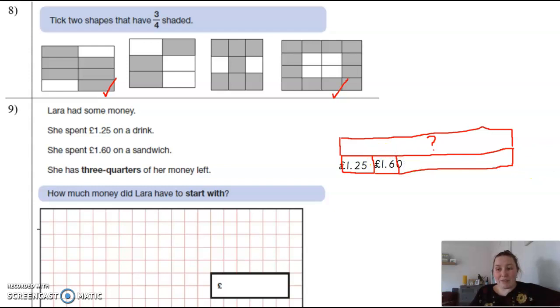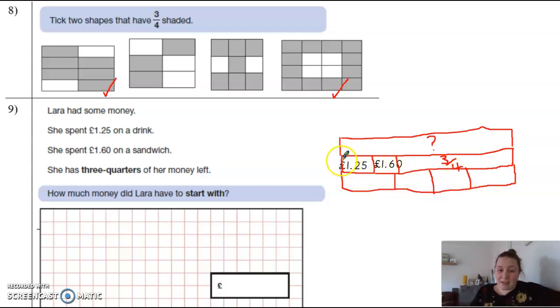And what is she left with? She's left with 3/4. So if I do yet another bar, everything underneath the bar is all representing this large amount of money. So I'm going to have quarters. This is 1/4, 2/4, 3/4, 4/4.